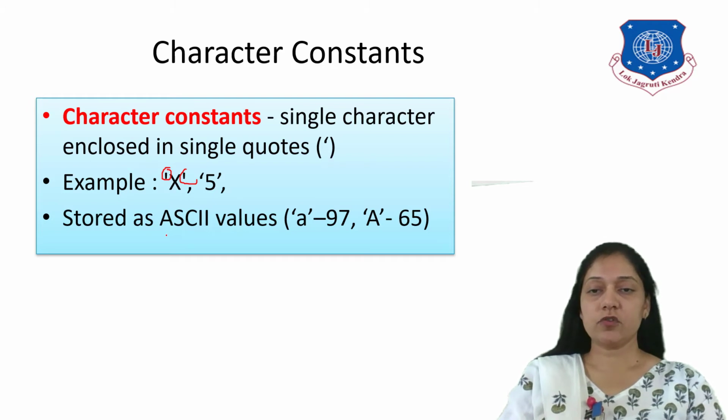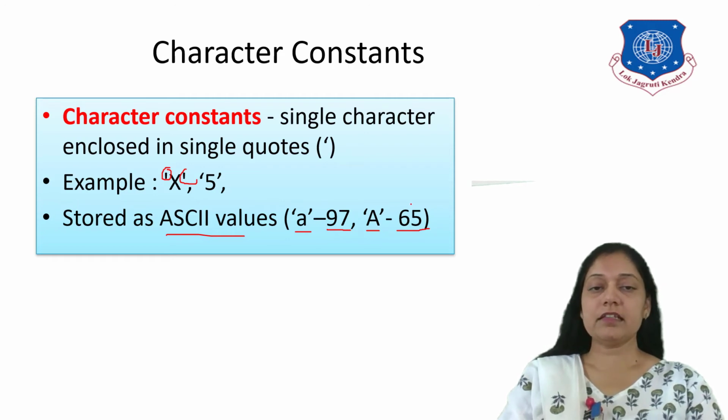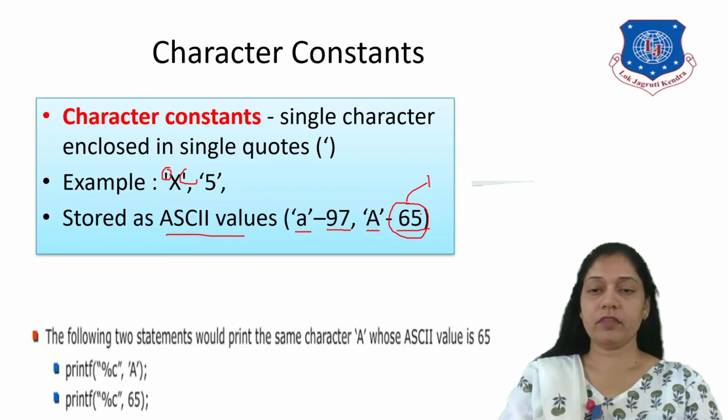Character constants are stored as ASCII values. That is, each character has some specific integer value. Say for example, the ASCII code of small a is 97. If it is capital A, then the ASCII code is 65. This number is converted into binary and stored in the memory of your computer.